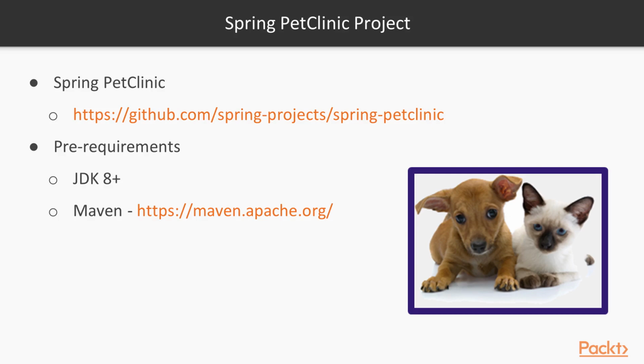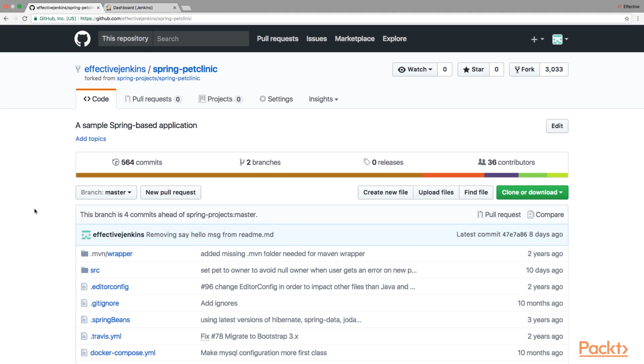So let's first check the source code of this project and later create the pipeline. This is the Spring PetClinic project. I have already forked this one from the original project. I have forked this project because I would like to create the Jenkinsfile and then integrate it on our Jenkins through a pipeline.